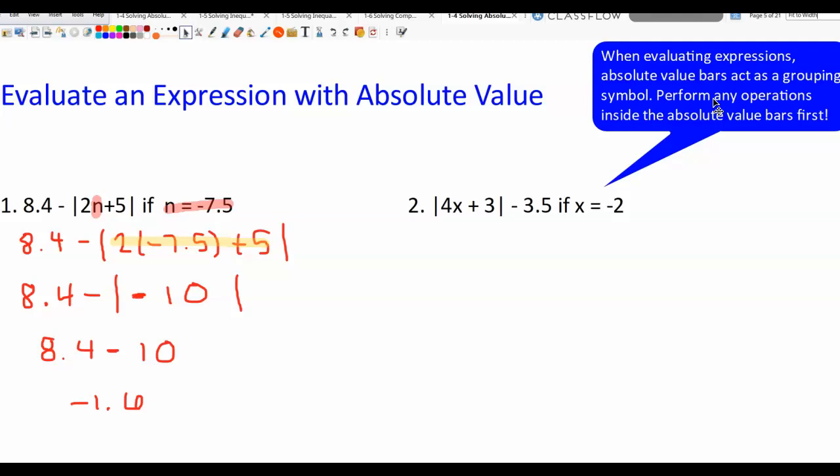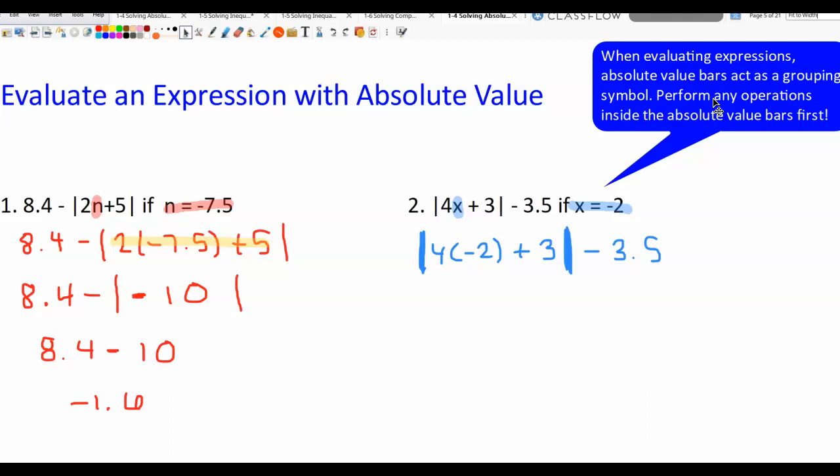In number 2, all x's are going to be replaced with -2. So I get absolute value 4 times -2 plus 3, absolute value, minus 3.5. So again, I either make my absolute values really thick or I make them tall so that I know it's an absolute value and not the number 1.